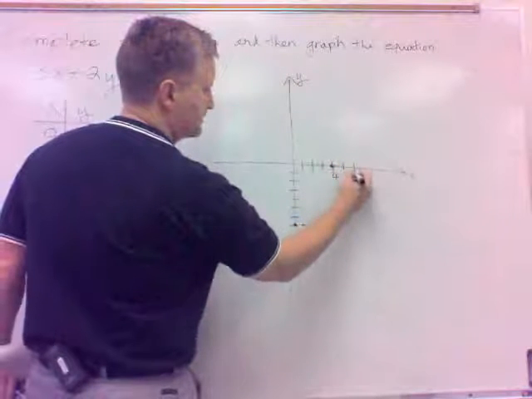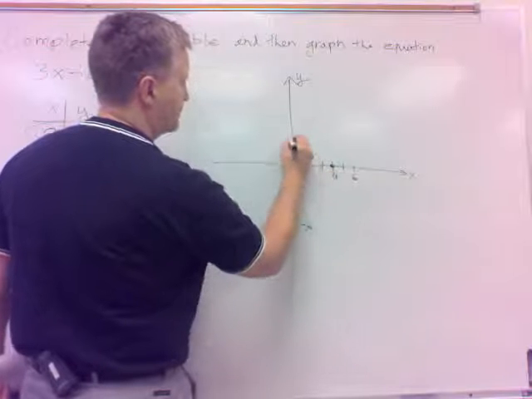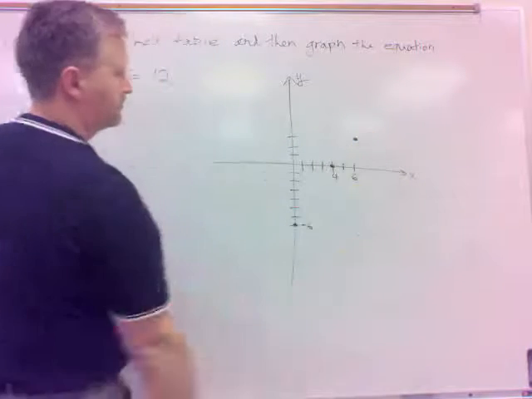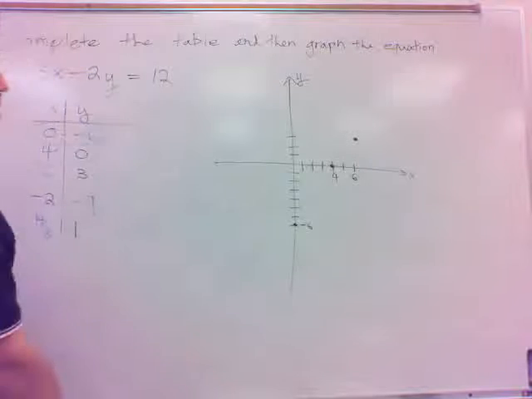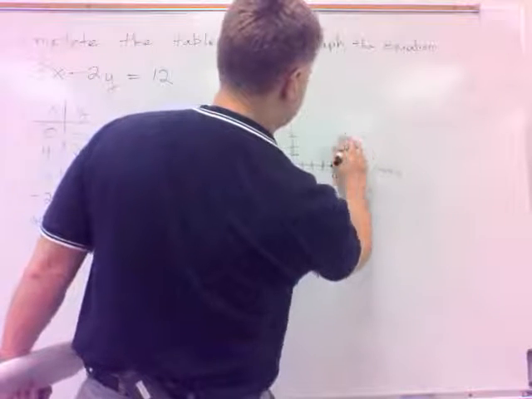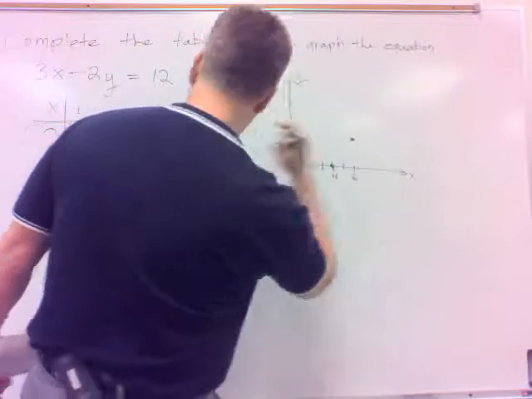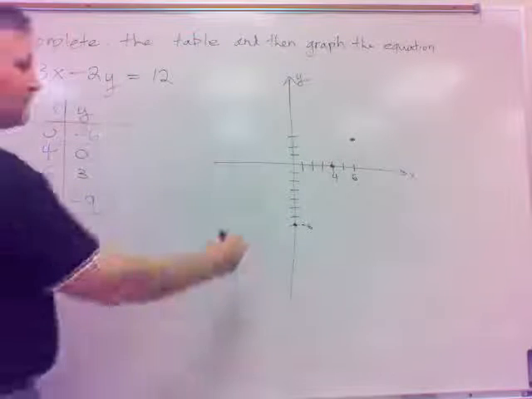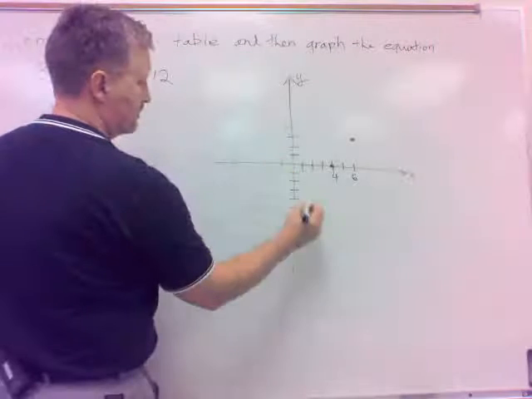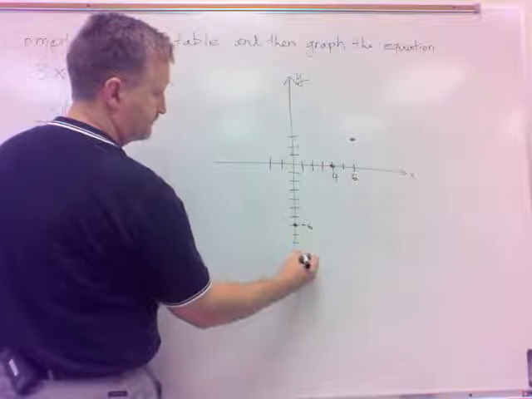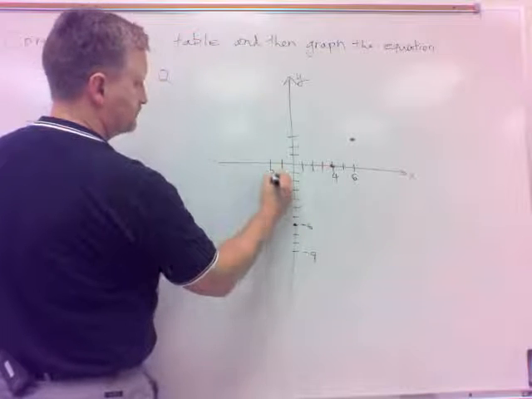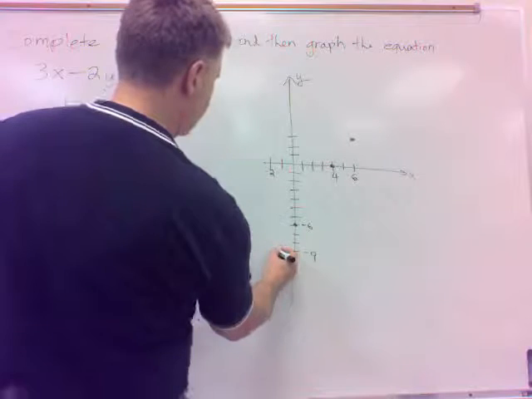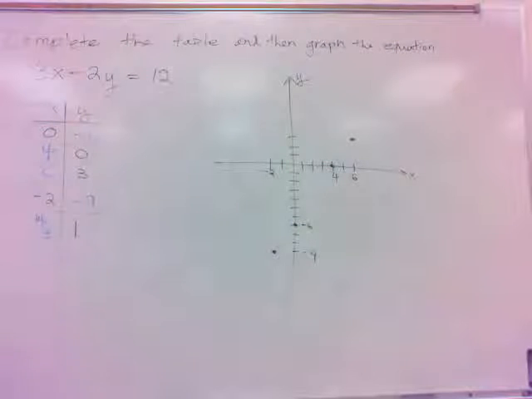So 1, 2, 3, 4, 5, 6 on the x, 1, 2, 3 for the y. You've got negative 2 and negative 9. x is negative 2, y is negative 9. There.